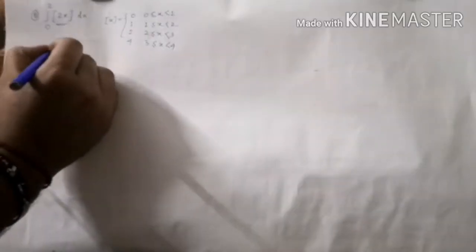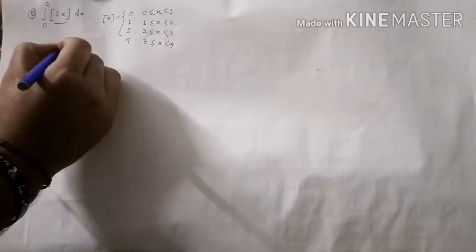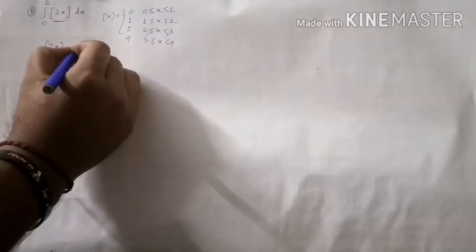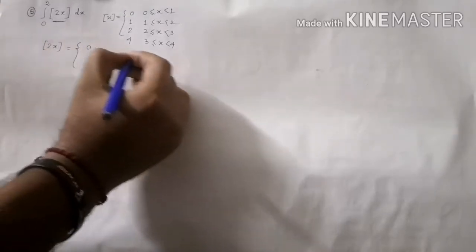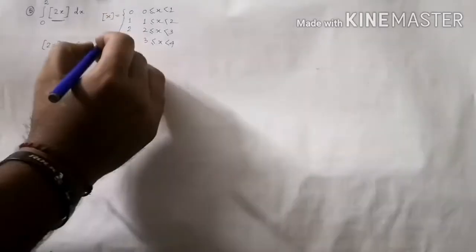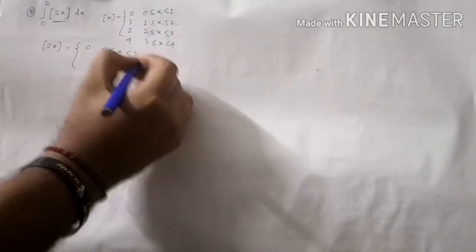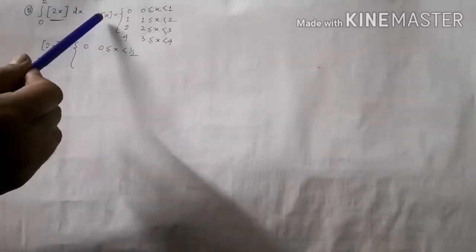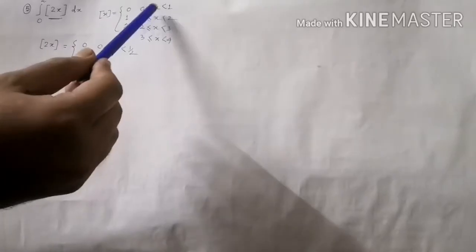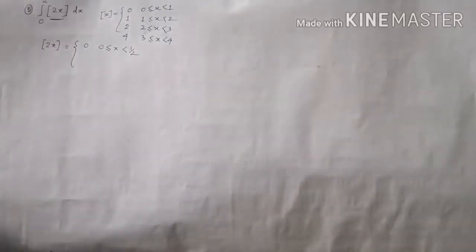But our question is different. It is bracket [2x]. So what will be the definition of [2x]? The value of [2x] will be 0 when x varies from 0 to 1 by 2. If 2 is multiplied with x, then 2 will divide 1.